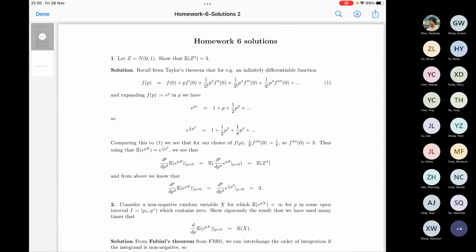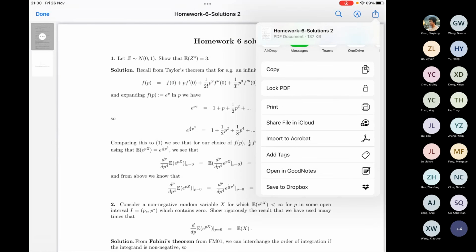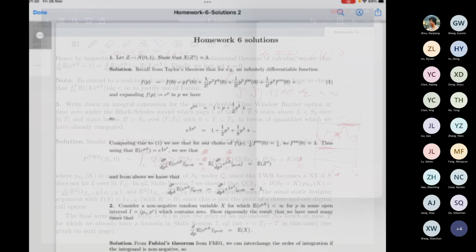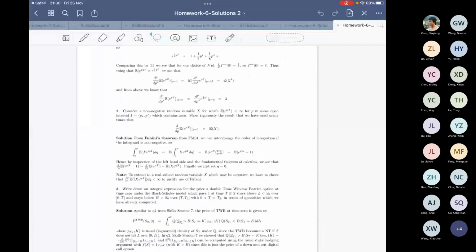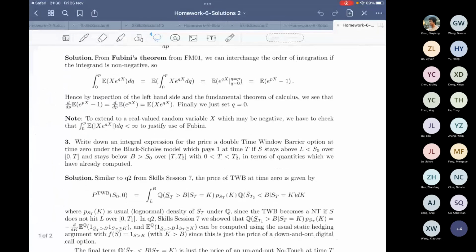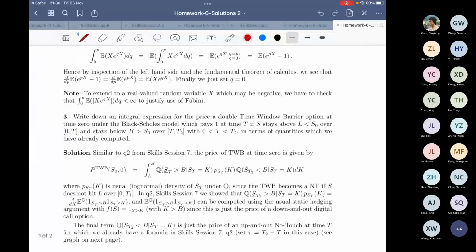Since there's a second version of it, open in GoodNotes. Yeah, so this should be all right now. So I should have done this in the previous lectures.